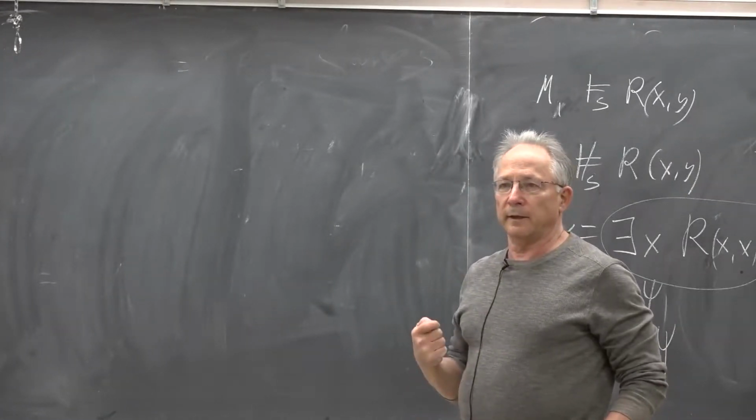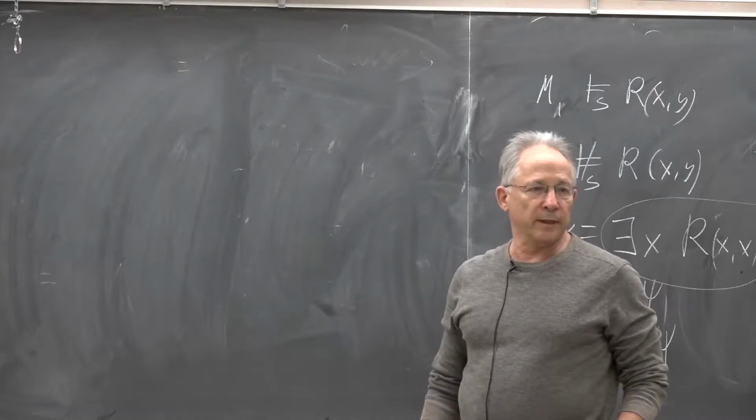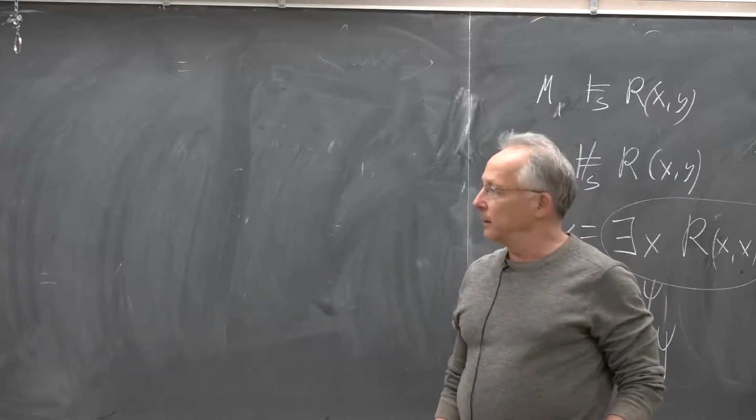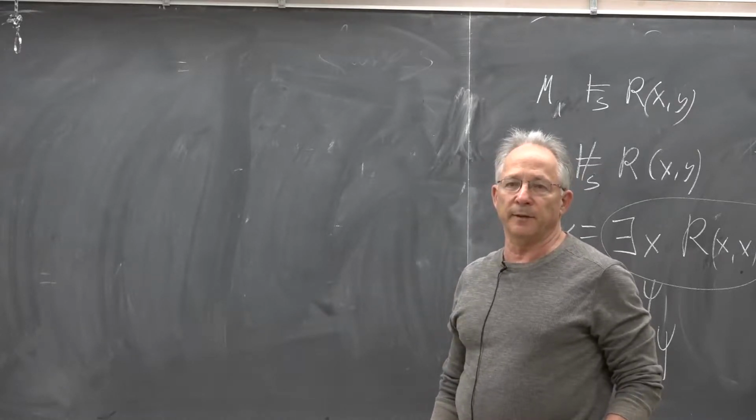So I want to write a sentence in the empty language. I'm not allowed to use any relation symbols or function symbols. That will hold in a structure if and only if the structure has exactly one element in the universe.